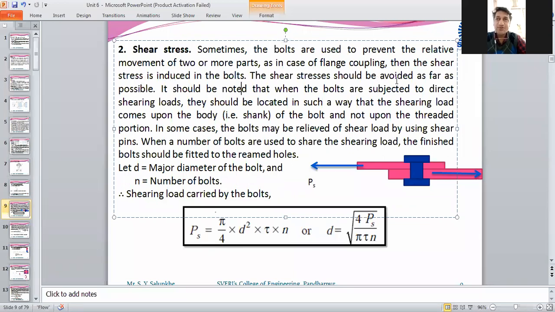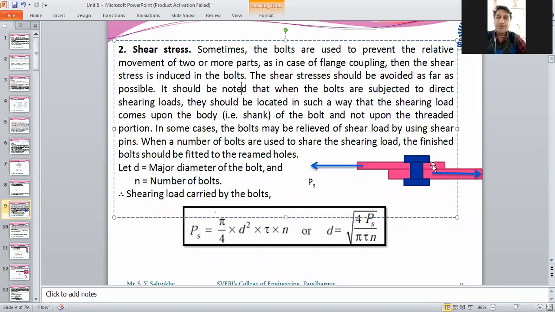Shear stress should be avoided as far as possible for fasteners, but we cannot avoid these fasteners for flange joints. That's why we use them, and we consider that shear stresses will get induced. Definitely they are induced there, and we have to design the bolts against that shear stress also.